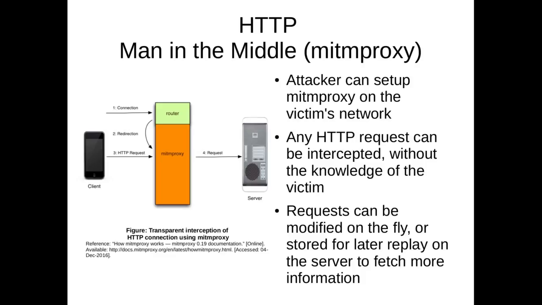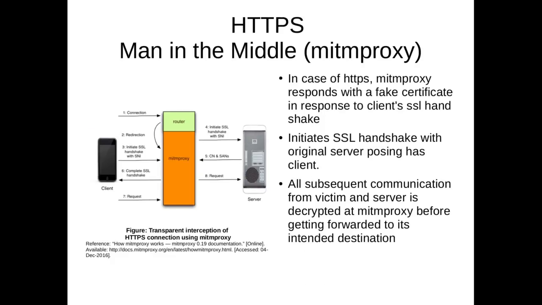Intercepting an HTTPS communication is a little more complicated than that. To intercept an HTTPS connection, the MITM proxy has to play a dual role. It plays the role of a server when the client initiates an SSL handshake, and it plays the role of a client and initiates an SSL handshake with the secure server. By doing so, it has the information from the client and the server for every request that is made from the client to the secure server.